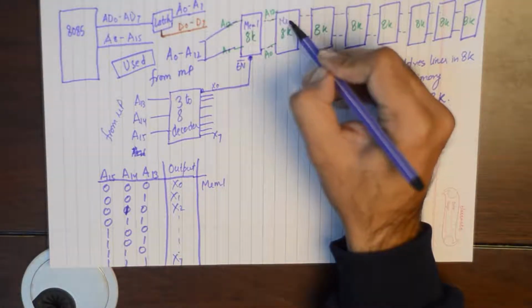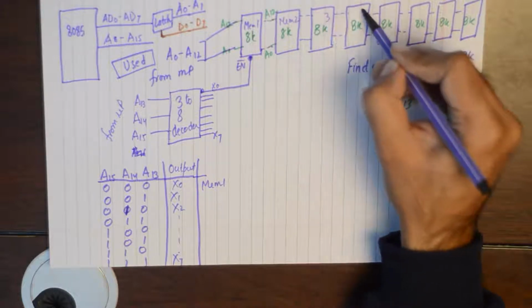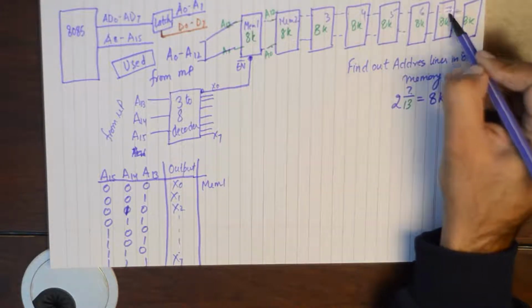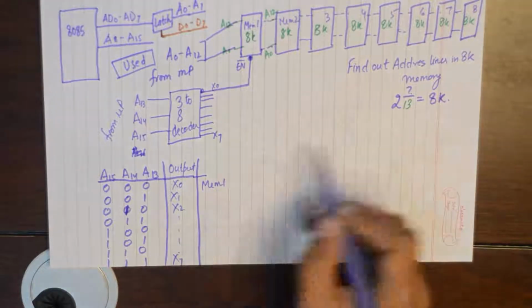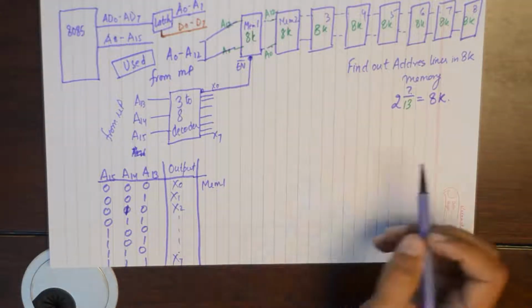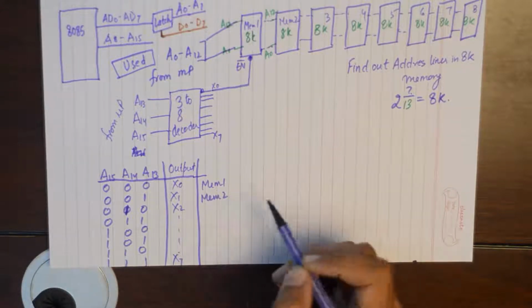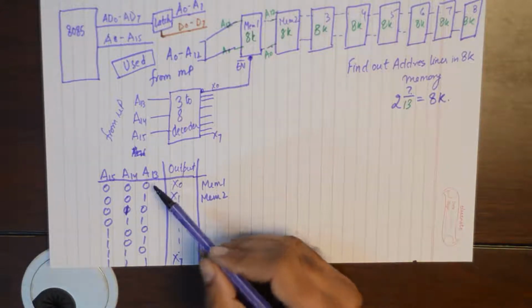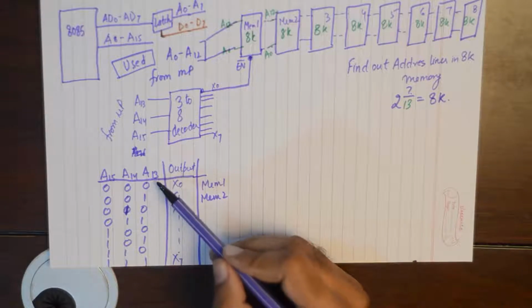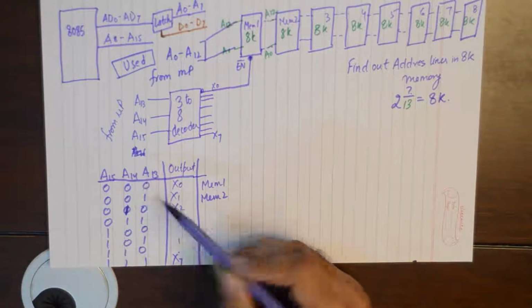If I label all these memories as memory 1, memory 2, and so on up to memory 8, all these memories can be selected by specifying a unique combination of bits at A13 to A15.